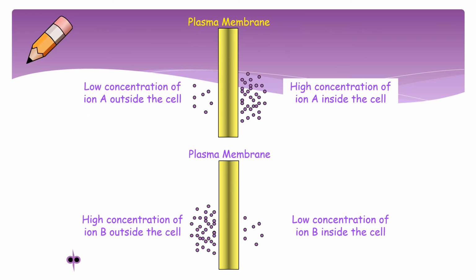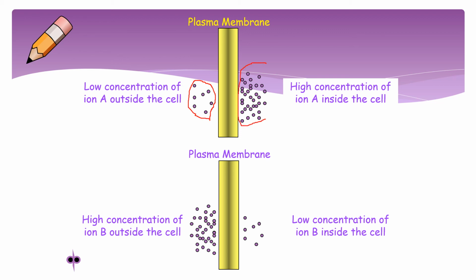You should be able to get this diagram from the consumables. This is quite similar to the one that we looked at in the last tutorial about diffusion. We have to look at the numbers of the little molecules. This would be the low concentration and this would be the high concentration.